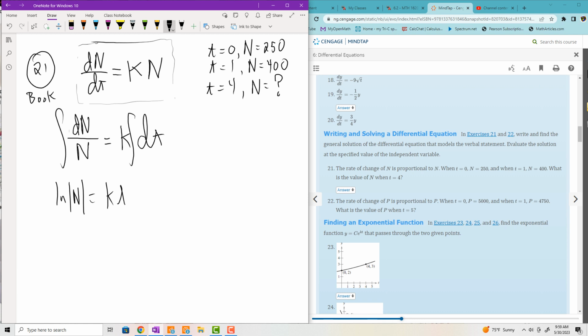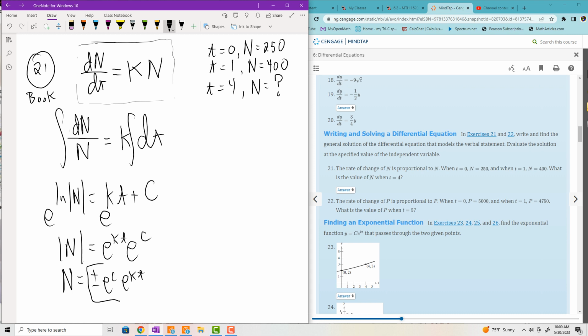Integral of 1 dt is t. Then you can exponentiate both sides. Drop the absolute values. And replace.